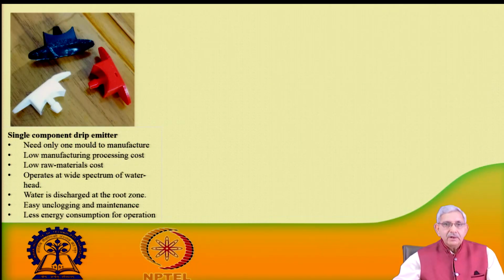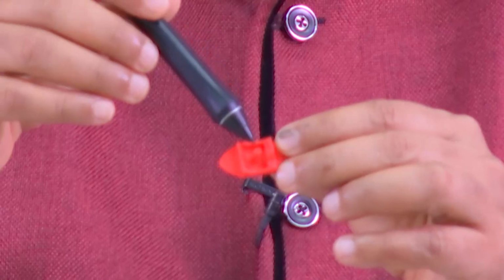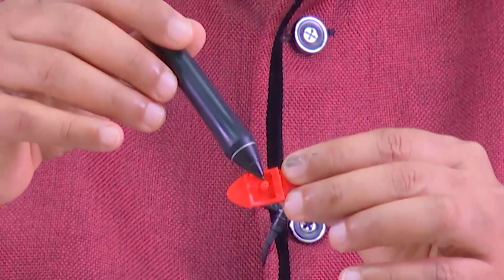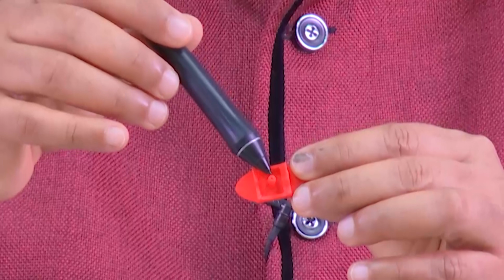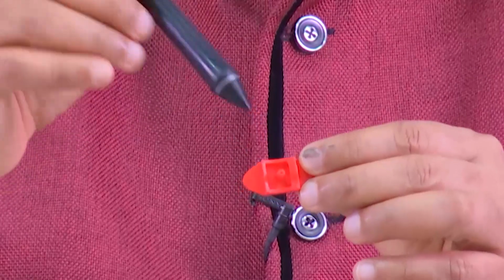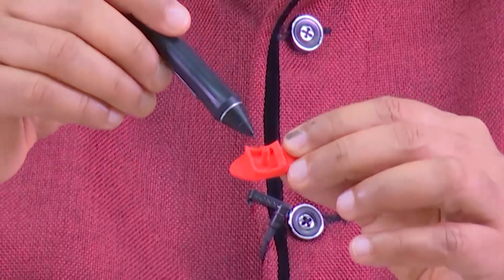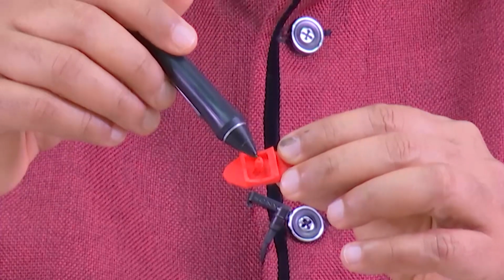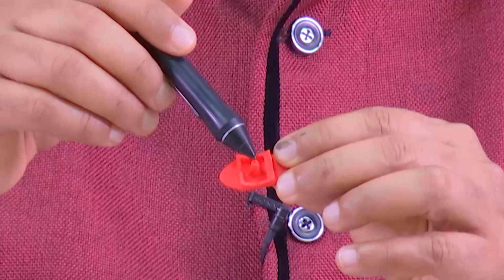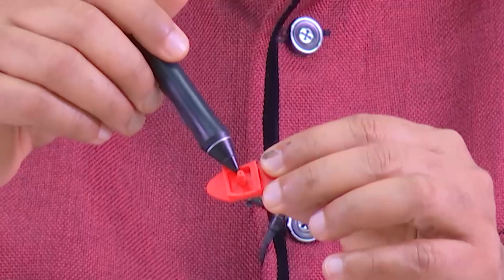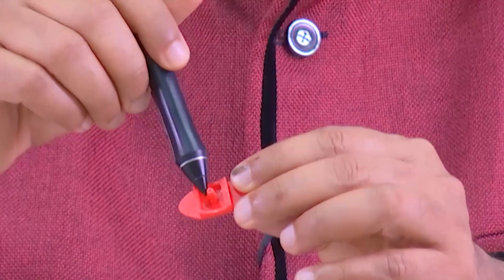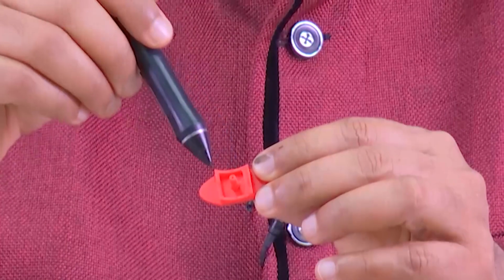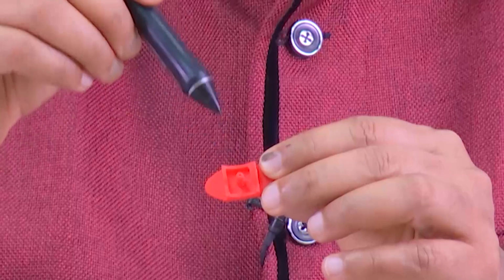We developed certain products. You can see here this particular component is the barb, and this is a single component dripper. The barb goes inside the lateral pipeline, and in this stem an outlet is provided. These are the two arms which I showed you when we were designing.